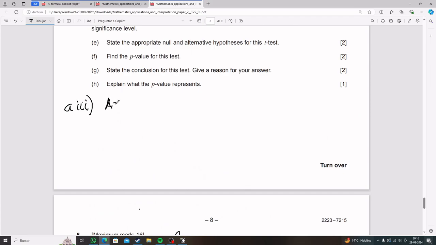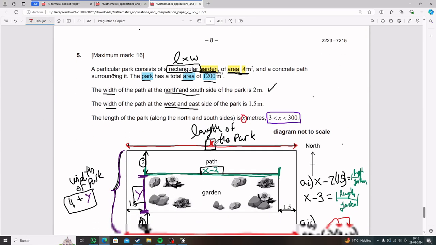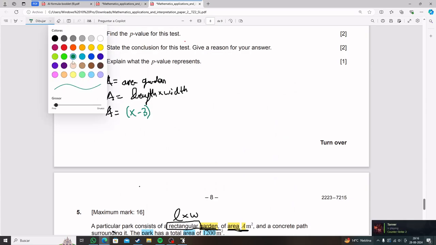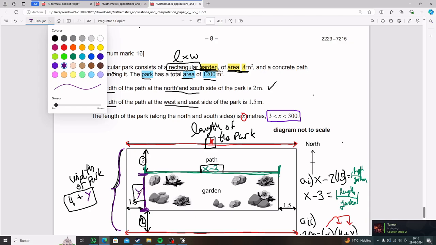So big A, we know, is the area of the garden. And so for the area of the garden, you have to do length times width. And you know by context, or by what we figured out so far, that length is going to be this x minus 3 that's in green, while the width is going to be what we have in purple, the y.